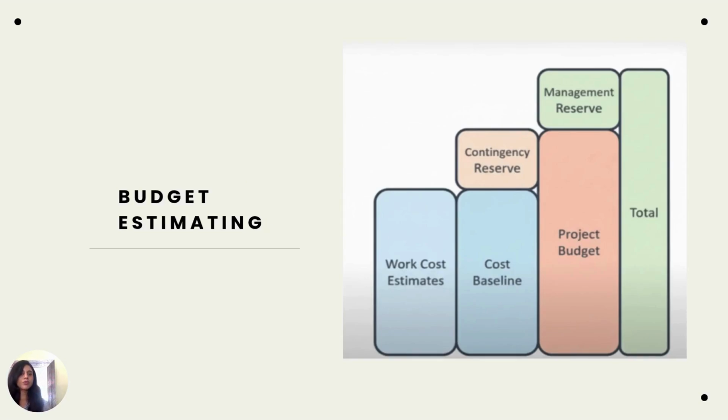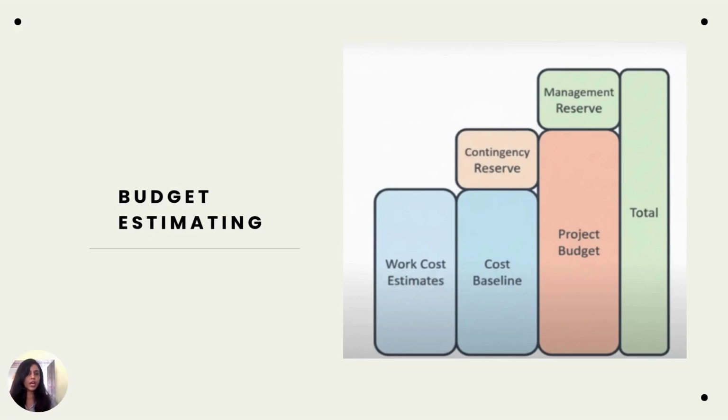Now coming on to budget estimating. As I said, from all of these, we will get a cost estimate, right? If you add contingency reserves to it, it becomes the project budget. If you add the management reserves to it, it becomes the total budget. We will be learning about contingency reserve and management reserve in more detail.